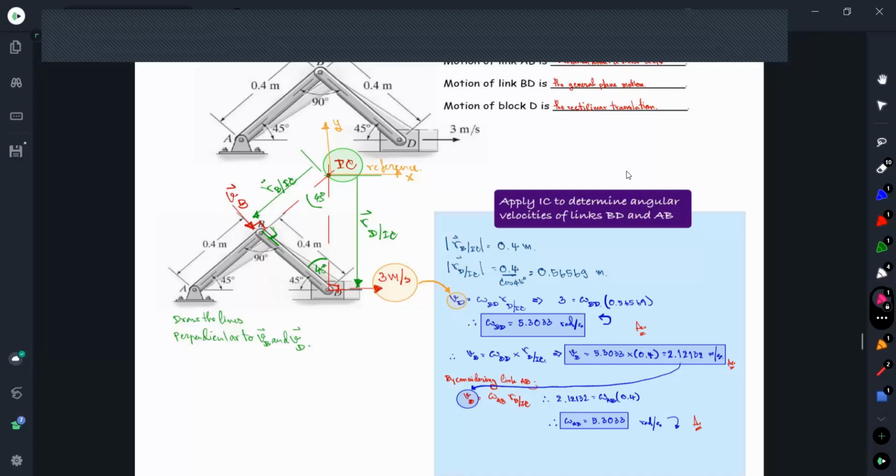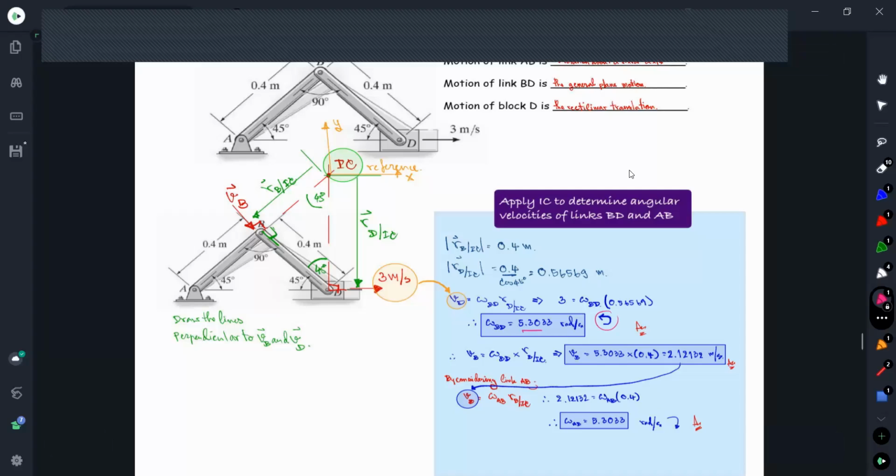You will see that we actually solve by a scalar equation, so we obtain only the magnitude of omega BD from the calculation. But for the direction, we have to consider the motion.